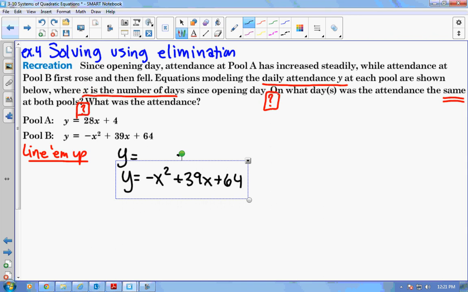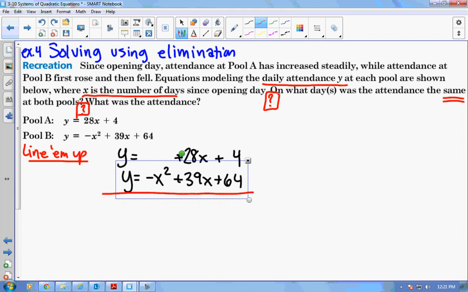Good. So we're going to leave a gap and put positive, and you can put a plus. I put a plus, I don't know why, but you can just write 28x. You really don't need that plus. And then the 4. Tyson, where should the 4 line up? With the x squared or the 64? The 64, because they're like terms.